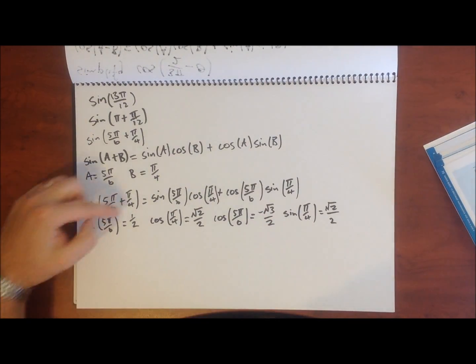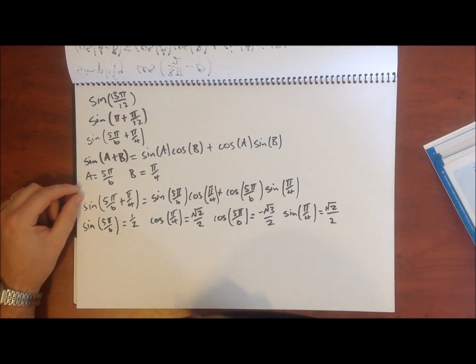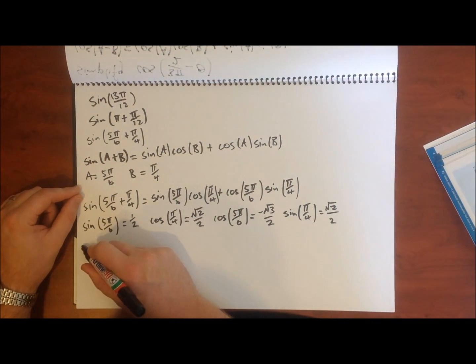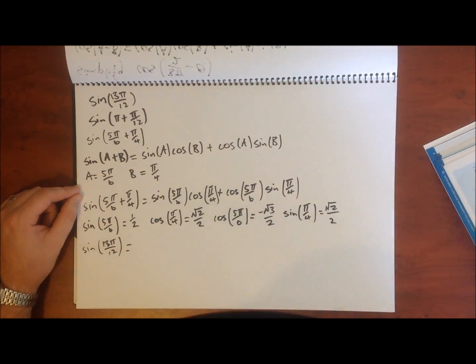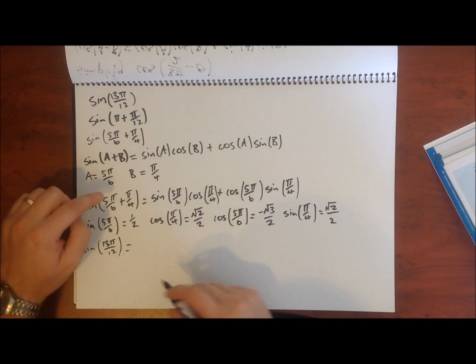So now that we have this, we can put all our bits into our equation here. So we can say then that sine of 13 pi on 12 now is really all of these things.